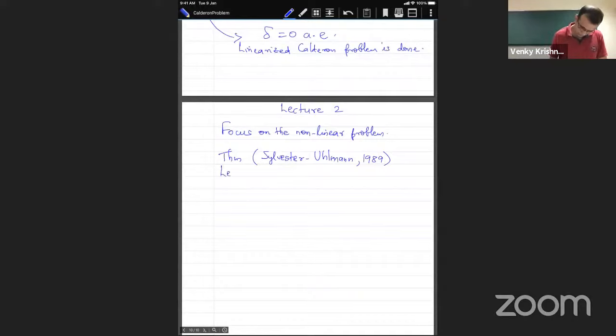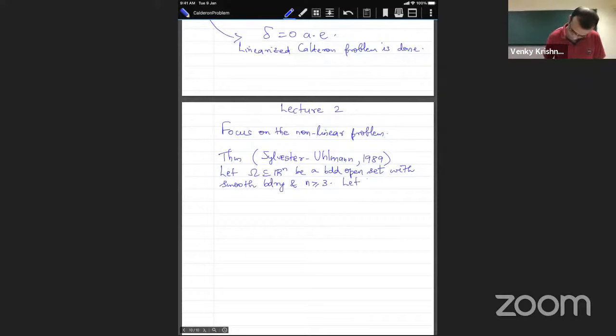Let omega contained in R^n be bounded, you can think of this with nice boundary, with smooth boundary, and n bigger than or equal to 3.